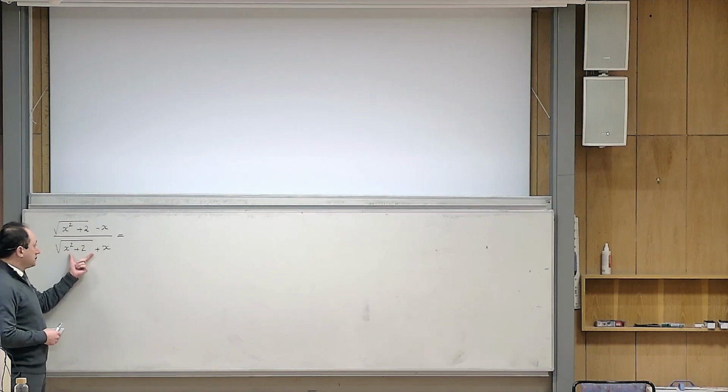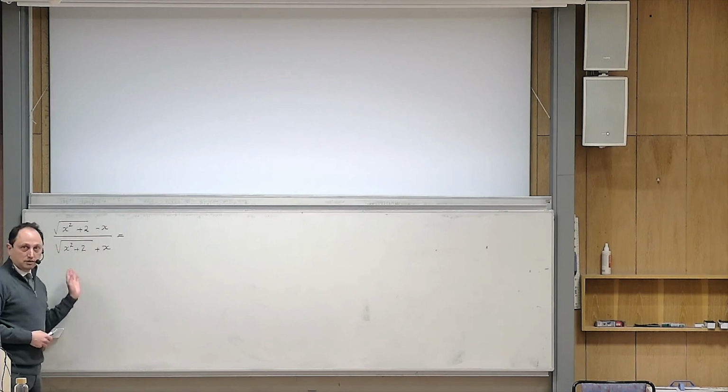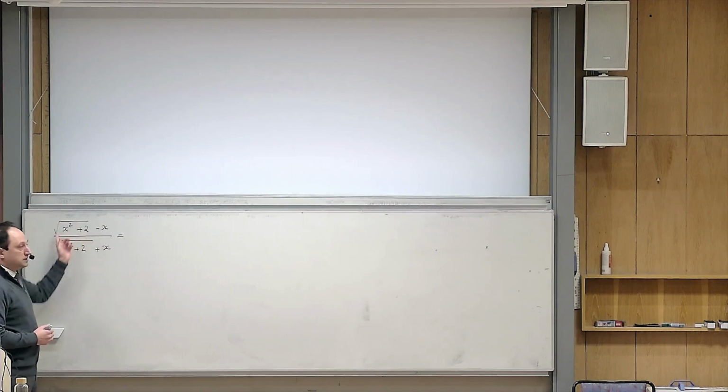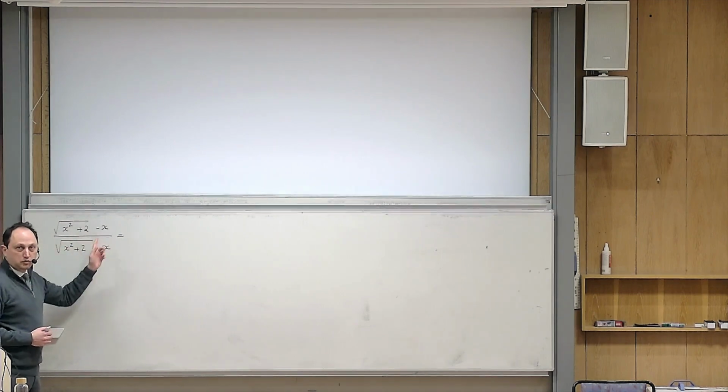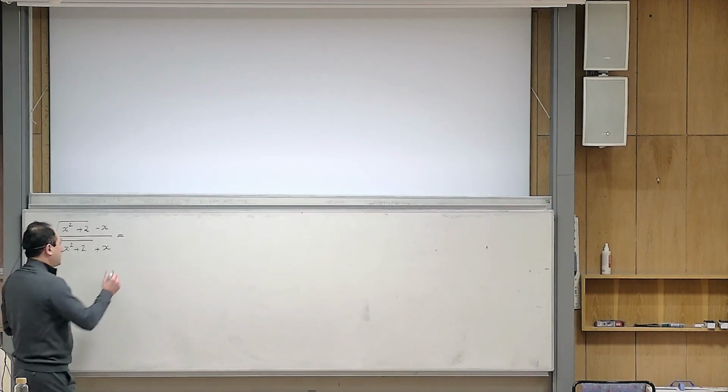By rationalizing the denominator, I mean writing an expression which is exactly equal to this one, but doesn't have any surd signs, any radical signs in the denominator. To do that, I rescale this fraction by multiplying the numerator and the denominator by the conjugate of the denominator. So what do I mean by that?